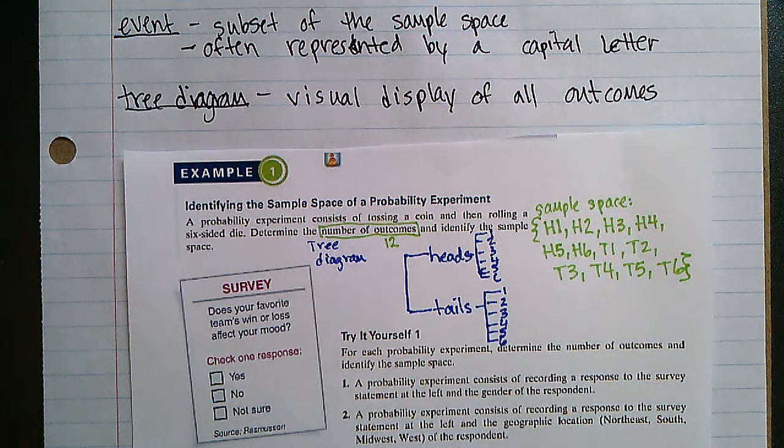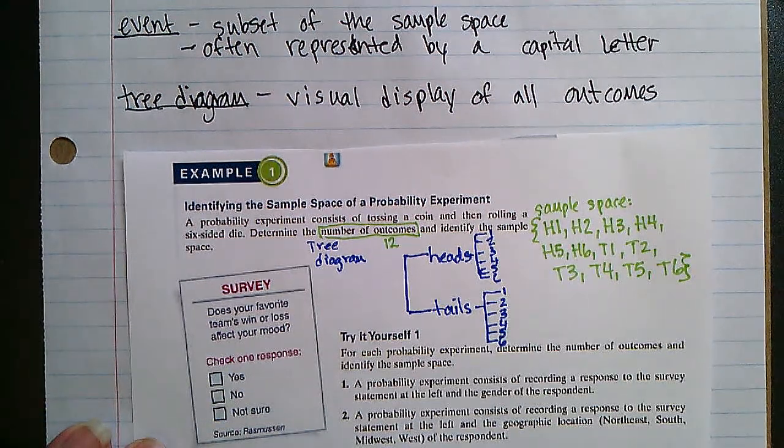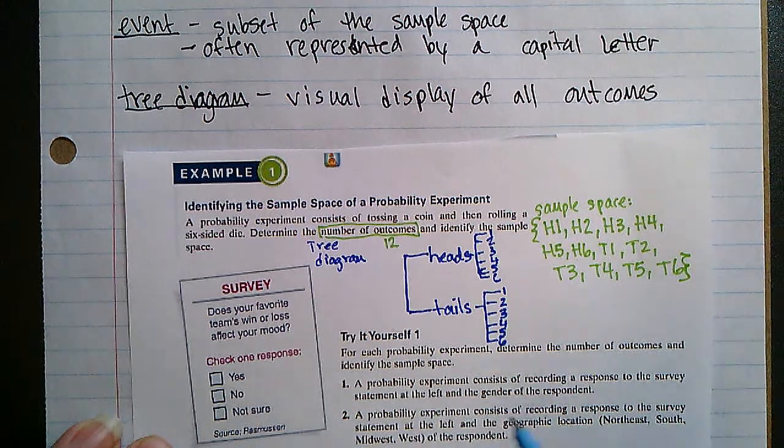A probability experiment consists of recording a response to the survey that's on the left here, and then the gender of the respondent.